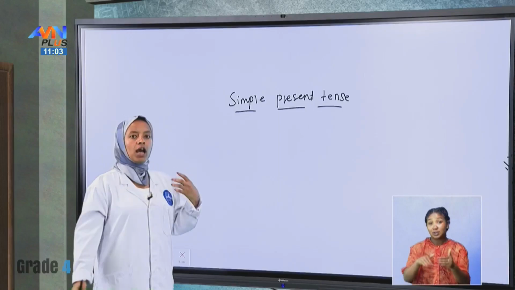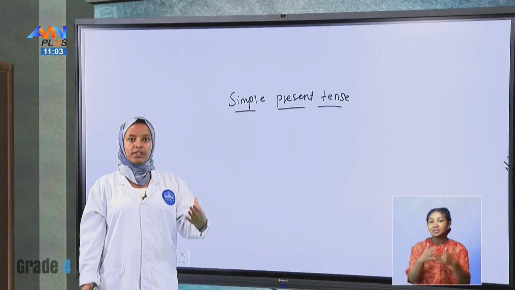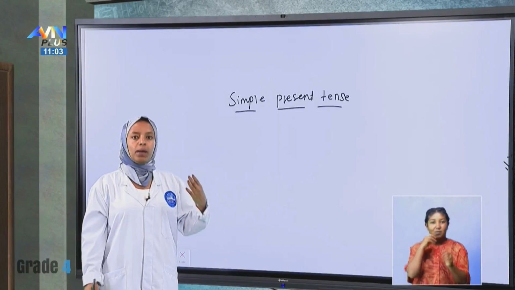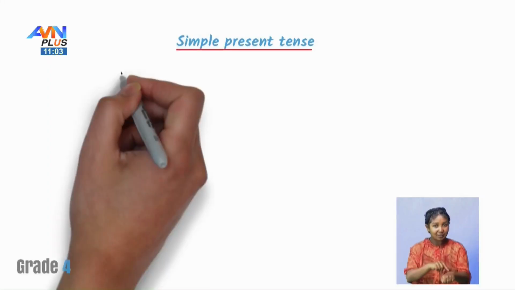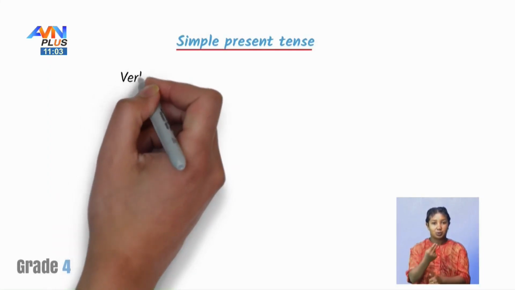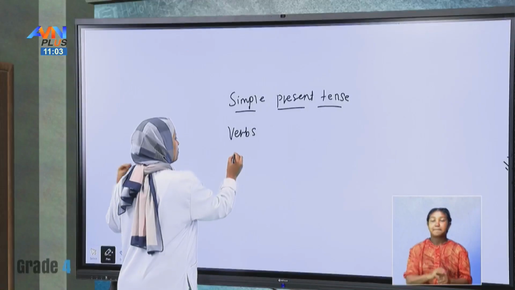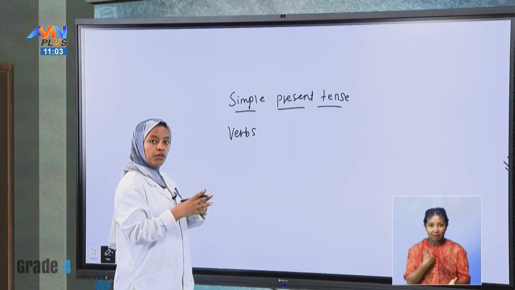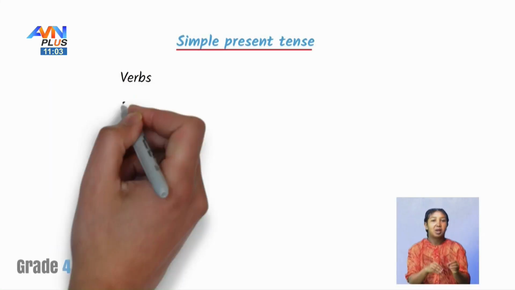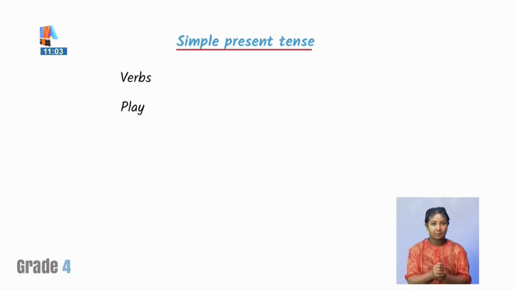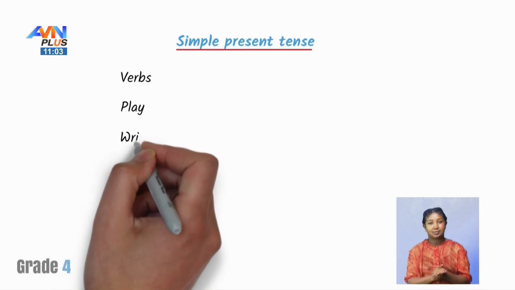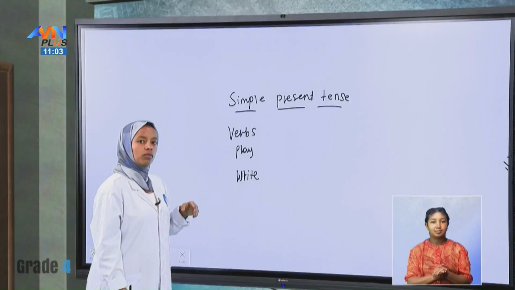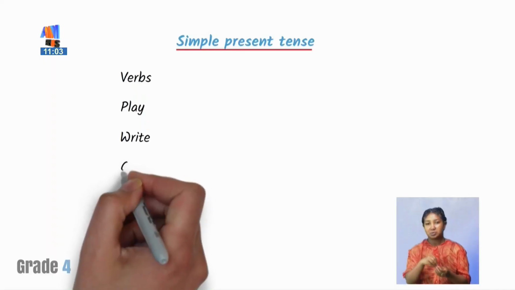The next thing, how can we use simple present tense with verbs? We can use main verbs, action verbs, like play, write, and go.